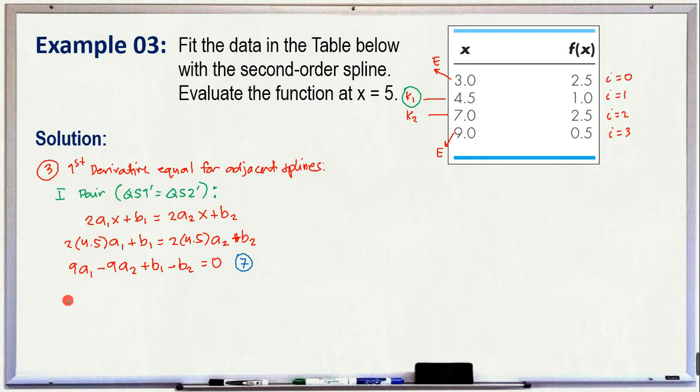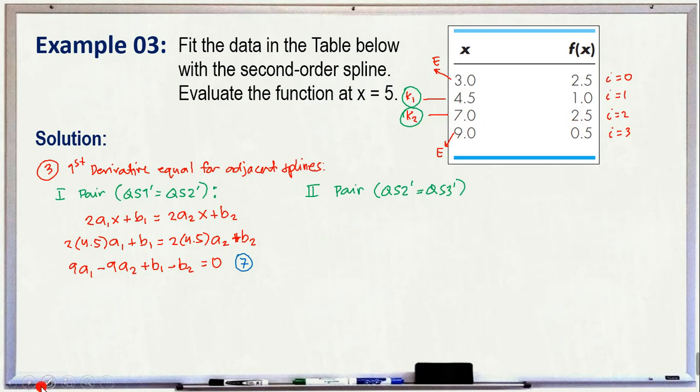Next, the second pair. Again, the derivative of the second quadratic spline must equal that of the third quadratic spline, evaluated at the second knot common to both, which is x is 7, y is 2.5.